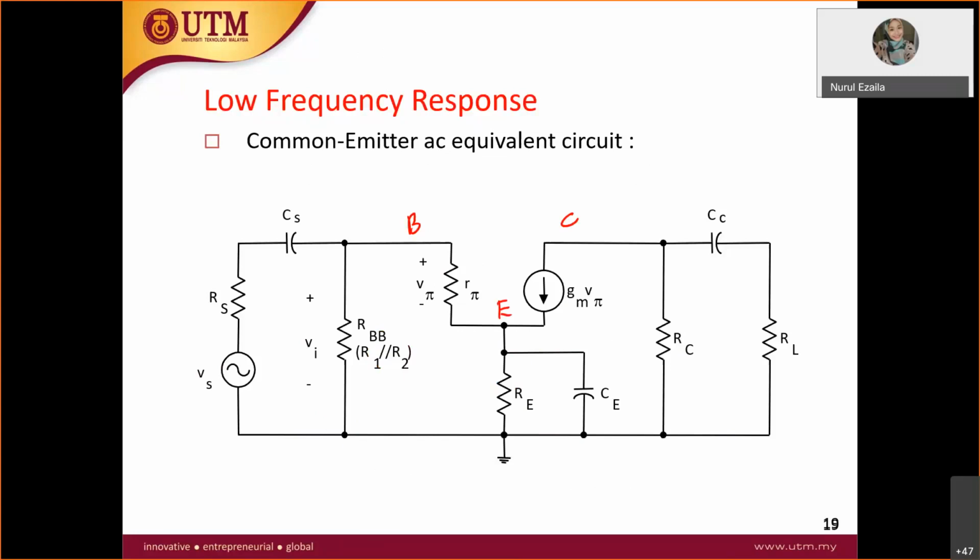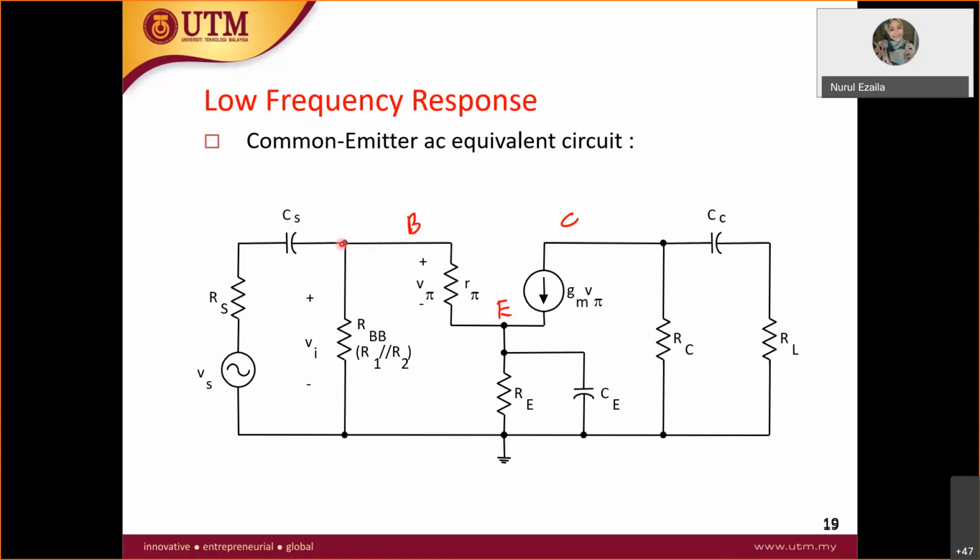This is the AC equivalent circuit. From base to emitter, you have R pi. From collector to emitter, you have gm V pi. This is the same AC equivalent circuit, but all the capacitors are placed in it.